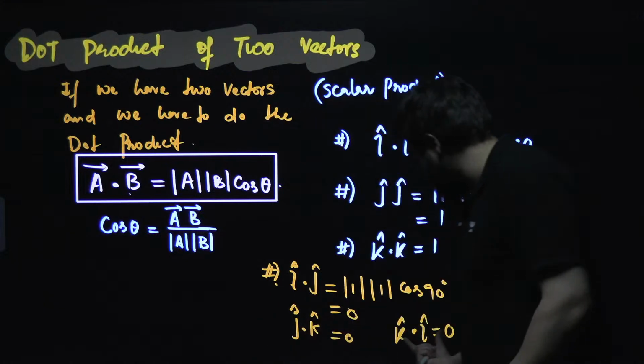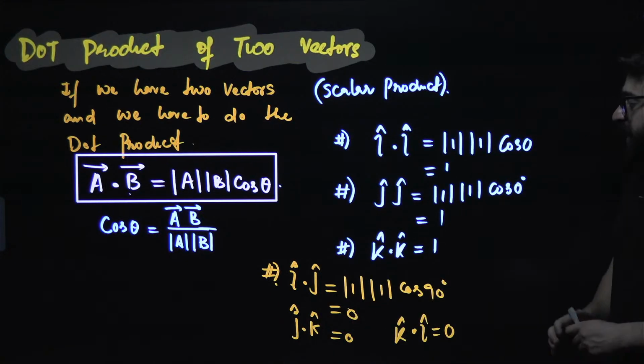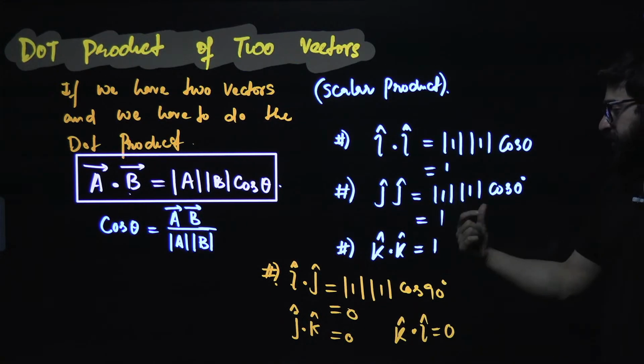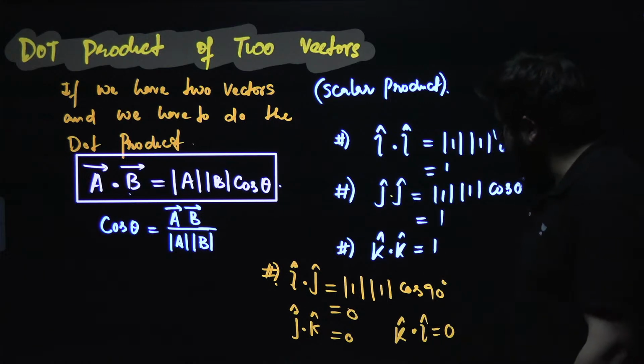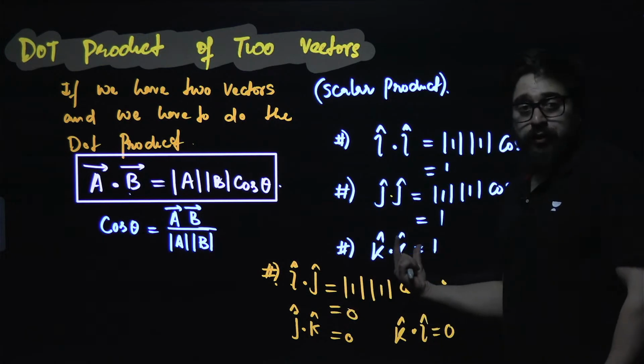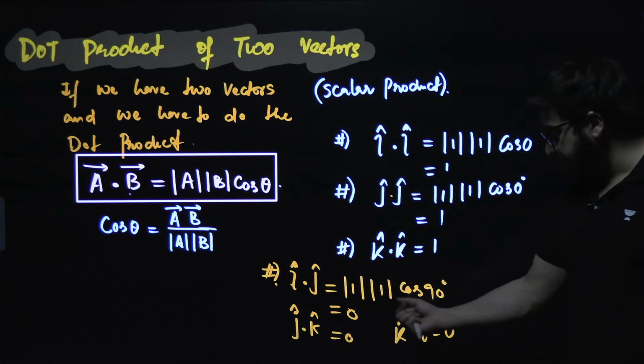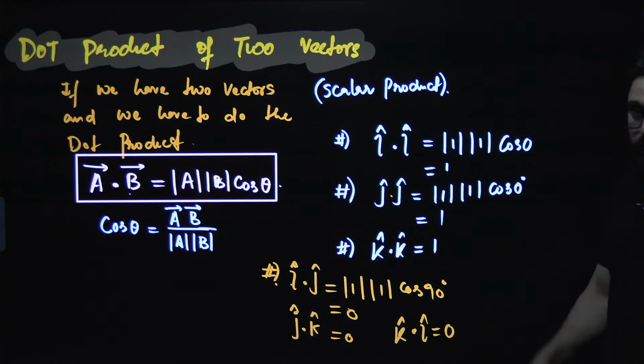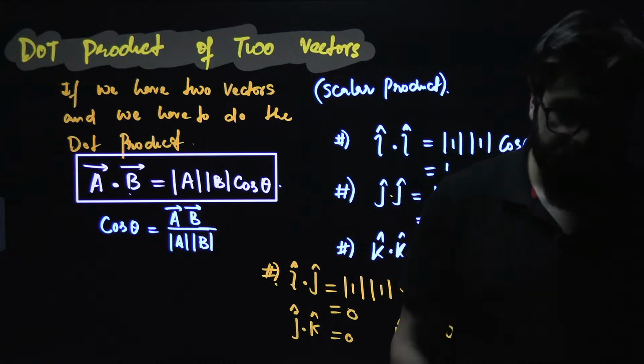So this will also be 0. So remember, my dear friends, I dot I is equal to j dot j is equal to k dot k, and that is equal to 1. I dot j is equal to j dot k is equal to k dot I is equal to 0. Is this clear?